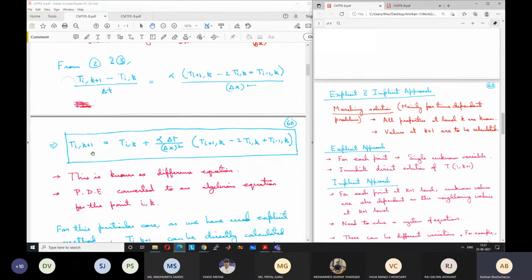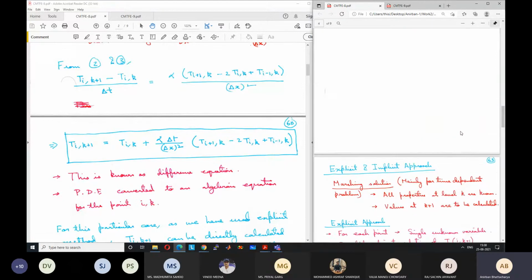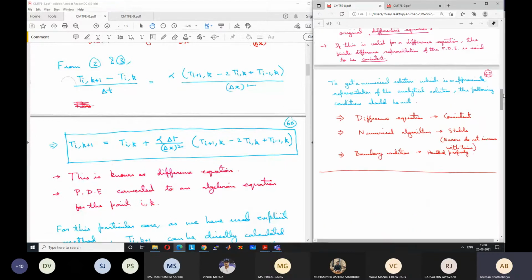So for each grid point I, we can write the temperature at the k plus 1 time step in terms of the temperature at the k time step, meaning the previous time step for the same grid point, and in terms of the temperature at the neighboring grid points. I plus 1 is the neighboring grid point on the right side and I minus 1 is the neighboring grid point on the left side. Let me keep this diagram open here.